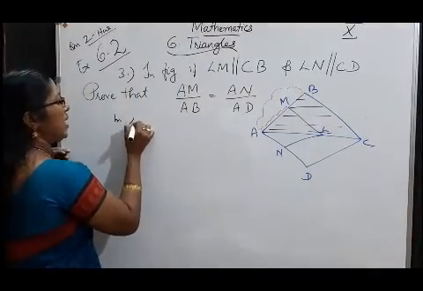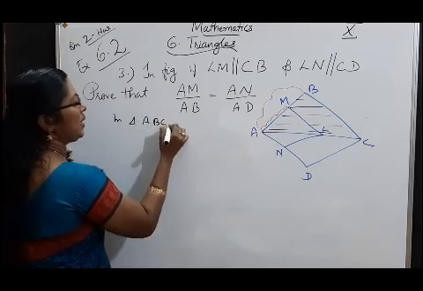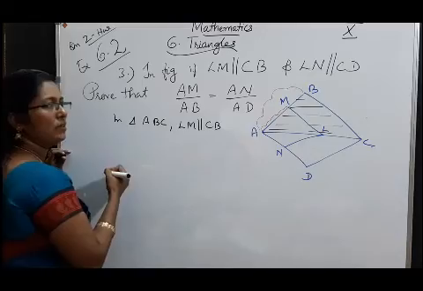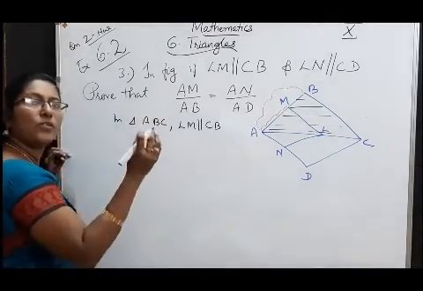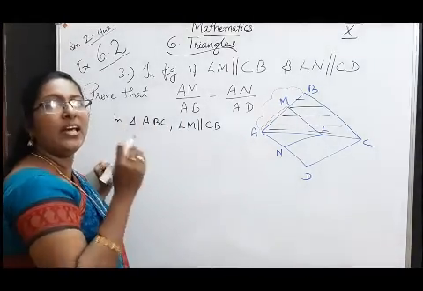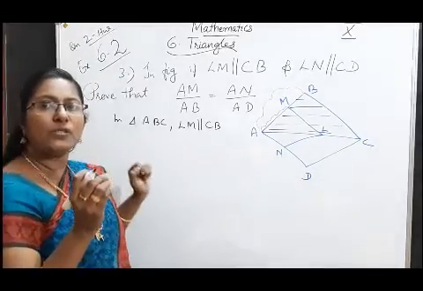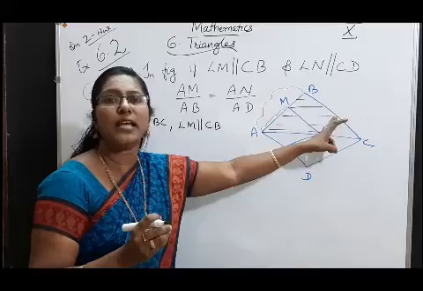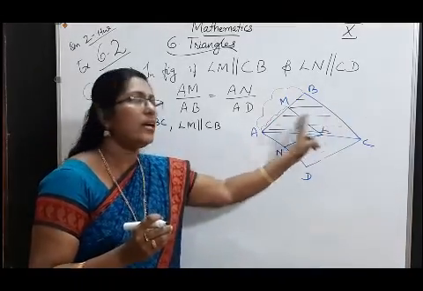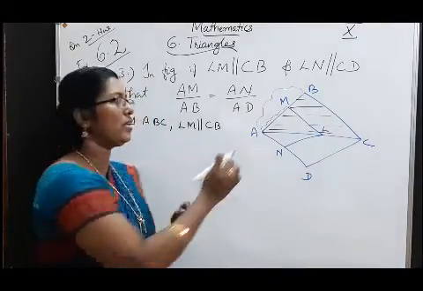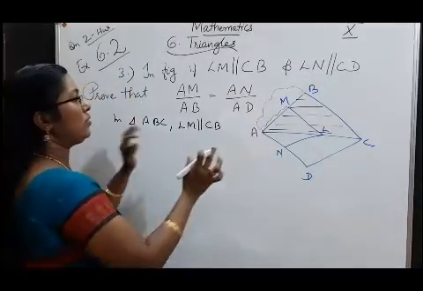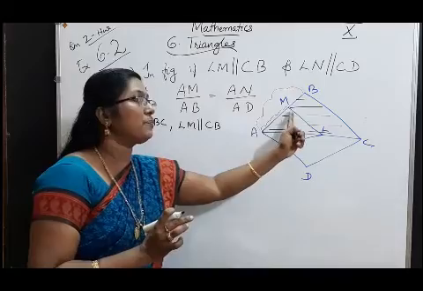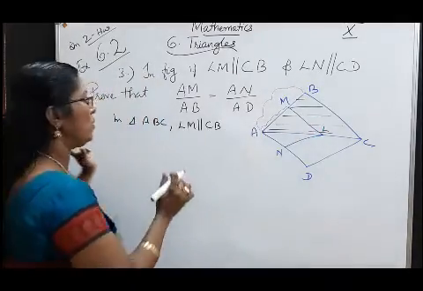In triangle ABC, LM is parallel to CB. If it is parallel, you can use the basic proportionality theorem. This theorem says that if a line is parallel to the third side, the other two sides are in the same ratio. Here we want AB, so the first part by the whole.